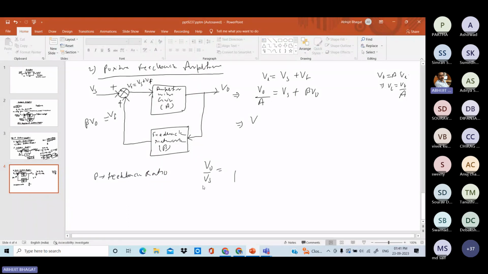So we have to find out this. Multiply this by A. So here it is V0 equal to A Vs plus A beta V0. अब देखो V0 को इधर ले आओ. So you will get here V0 is common. It is 1 minus A beta.